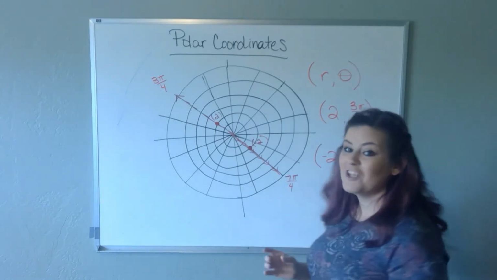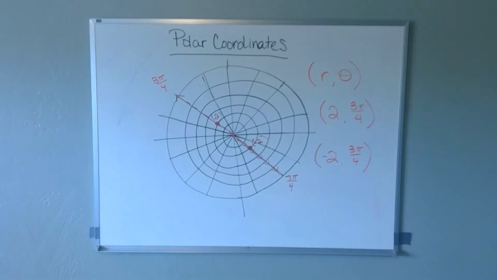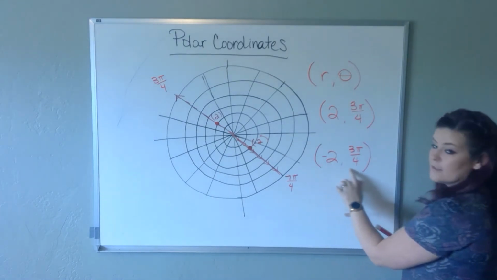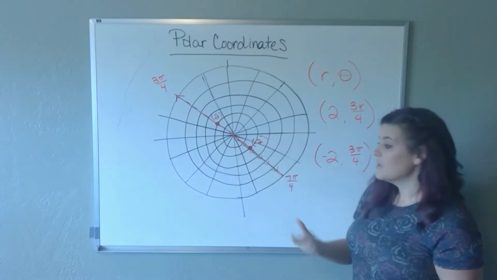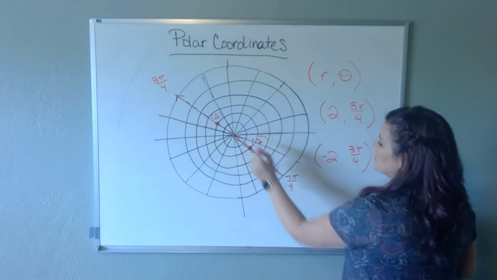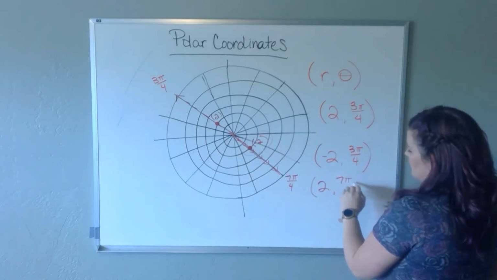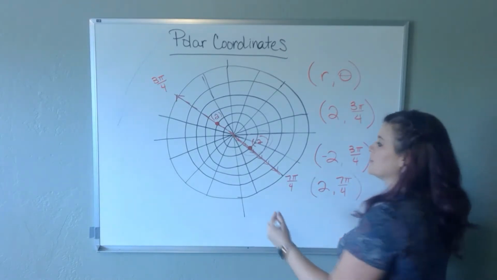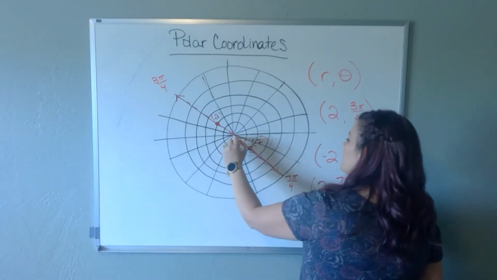Polar coordinates have a lot of different ways to label their coordinate pairs. This point, for example, the (negative 2, 3 pi over 4), it lands right there. But knowing where it is on the plane, could I have labeled this point as (positive 2, 7 pi over 4)? You guys, in that case, my angle that I started out with would have been this one down here.